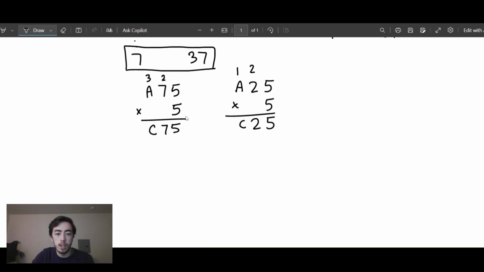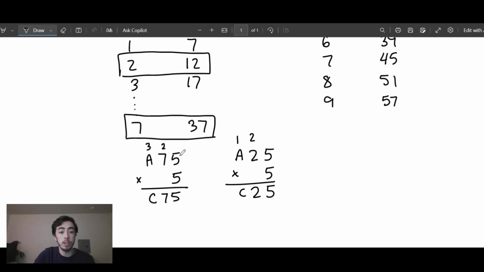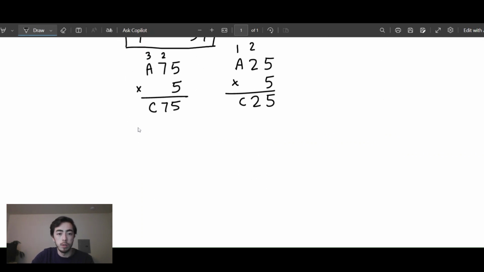All right. I don't know which one I want to do first, honestly. Let's just try the one on the left. I don't really see anything else besides just trying out digits. Maybe I'll find a nice pattern like how I found 2s and 7s over here. So let's see. 5 times A plus 3 must be equal to, well, just C?